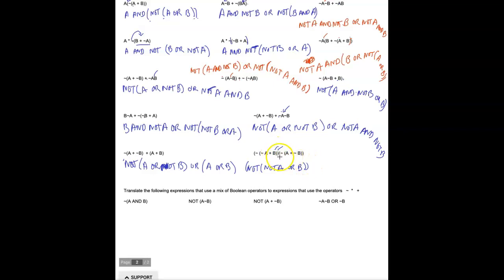Now this is multiplication right in there. So that's really an and. Then we have a left parenthesis. Then we have a not, but that not is applying itself to this whole set.